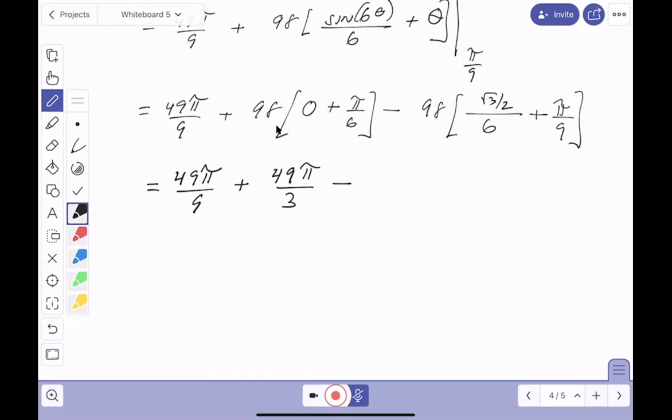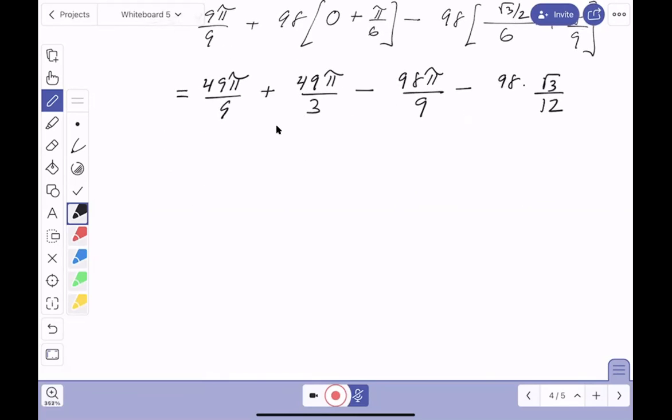oh boy, I got to do this one too, right? Minus 98 pi over 9 minus, I'll be very careful there, 98 times root 3 over 12. I have to be really careful, by the way.